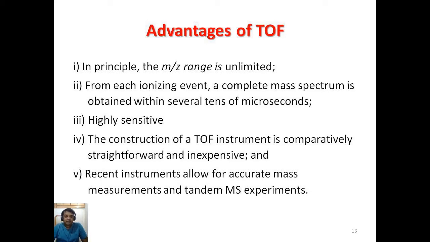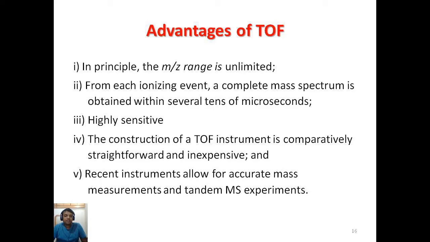From each ionization event, a complete mass spectrum is obtained within several tens of microseconds. That means whatever kind of ionization takes place, or whatever kind of molecules you have, you can easily separate the molecules by a difference of several tens of microseconds, and this time is sufficient for the separation of every molecule in time of flight, which is very highly sensitive.